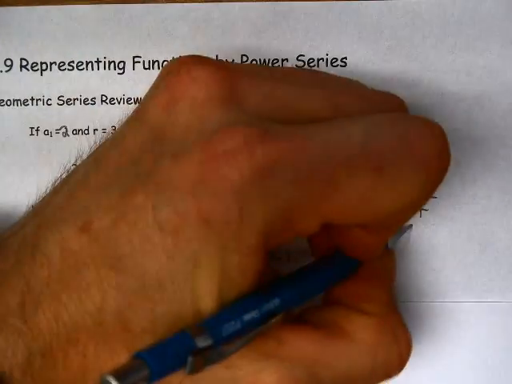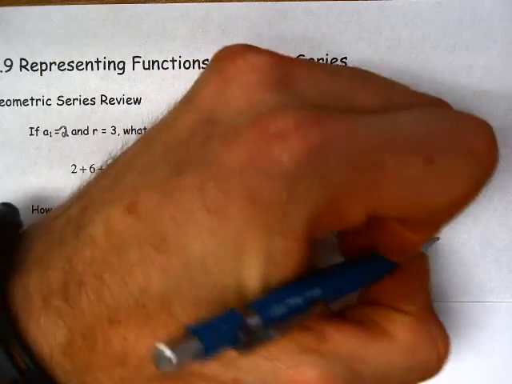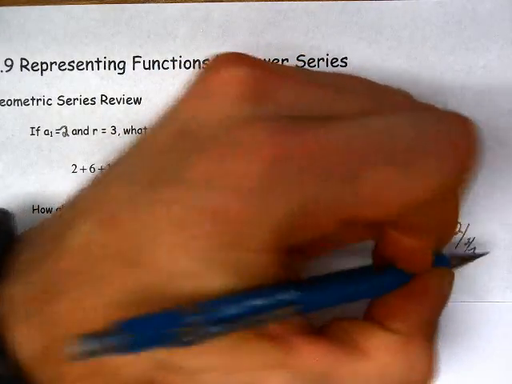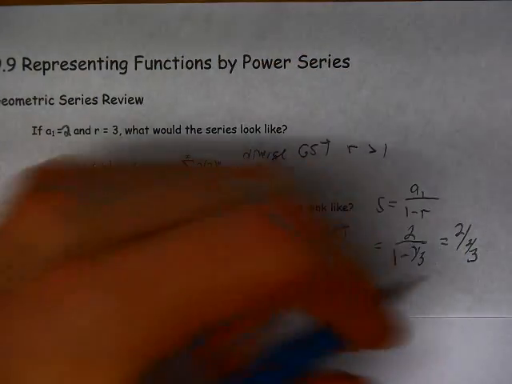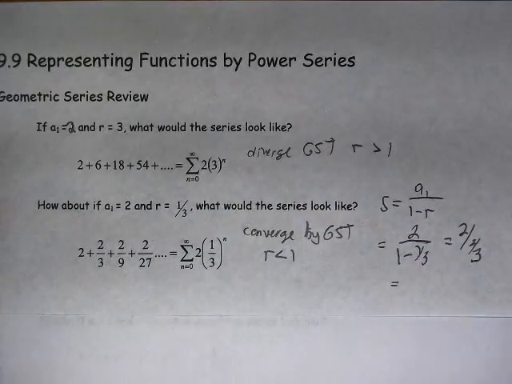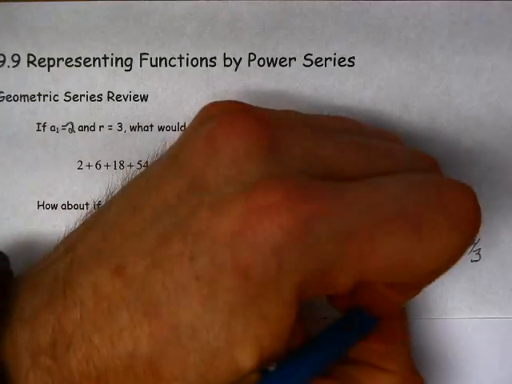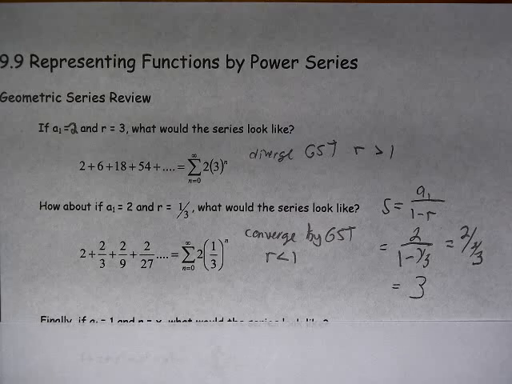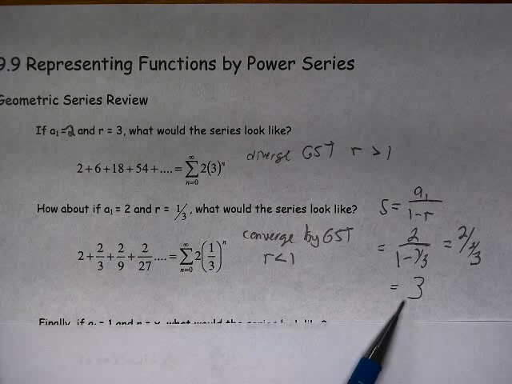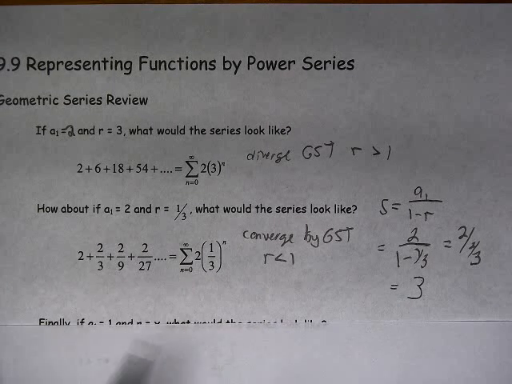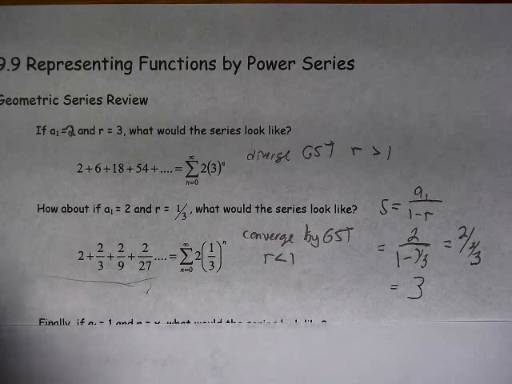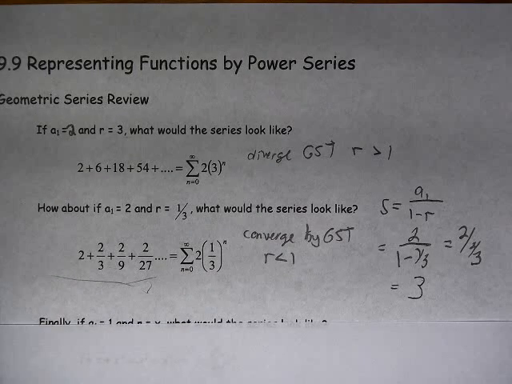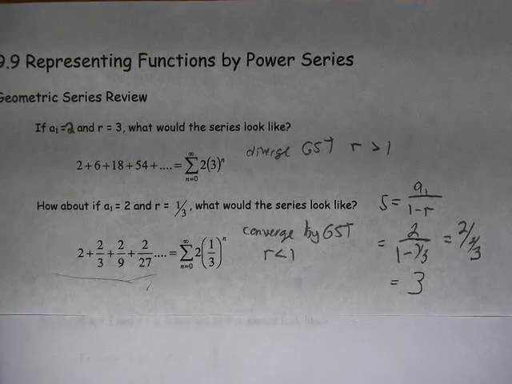So here that is 2 over 1 minus 1/3, which is 2 over 2/3. So this sum would converge to 3. And you can play around with that by plugging these in your calculator and taking a look at it, and it gets very, very close to 3 as we increase the number of terms.